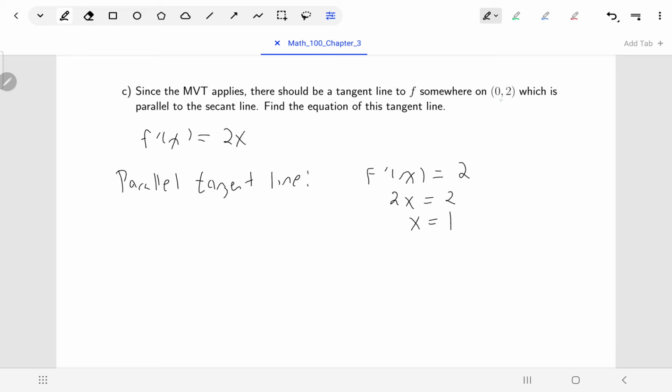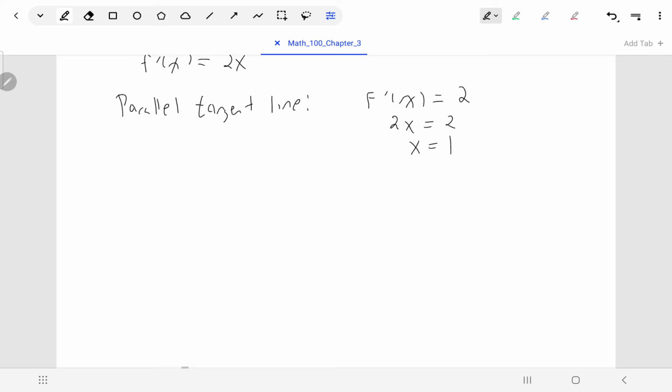Remember, I'm guaranteed there's going to be at least one value inside that interval. That doesn't mean you won't find more than one value in that interval, or values outside of that interval, but you're guaranteed at least one inside that interval, and that value x equals 1 definitely is inside our interval.